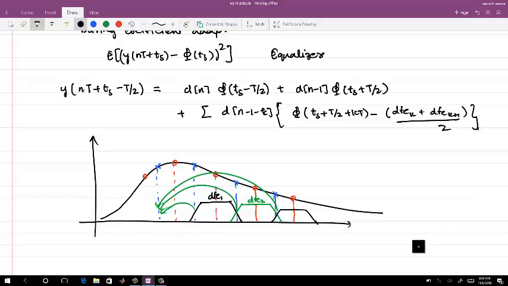Let's look if this equation is right, for k greater than 1. At the second edge, you have DFE1 and DFE2, and you are trying to subtract both at the edge. So this is the edge information which you will have.